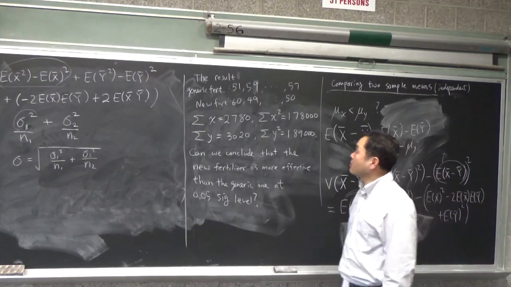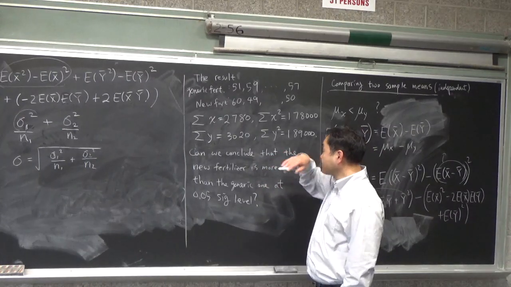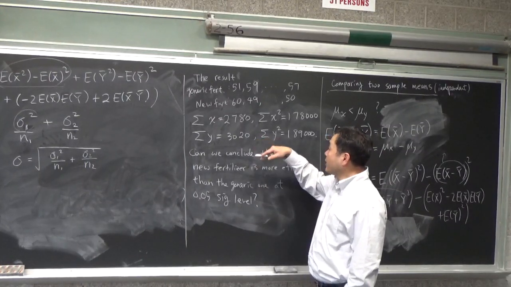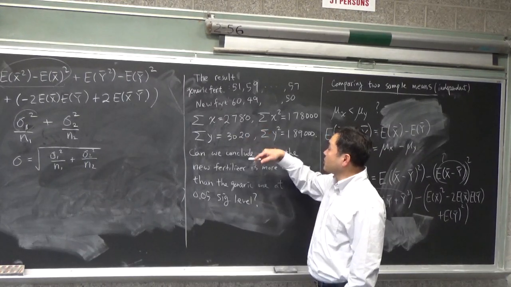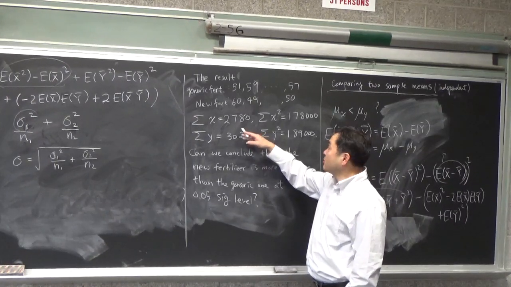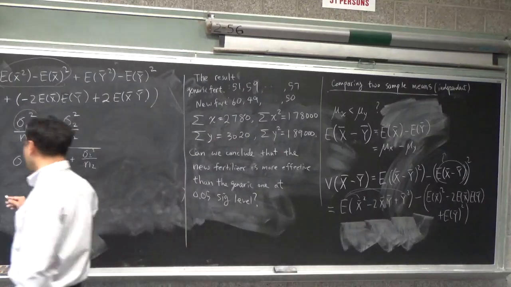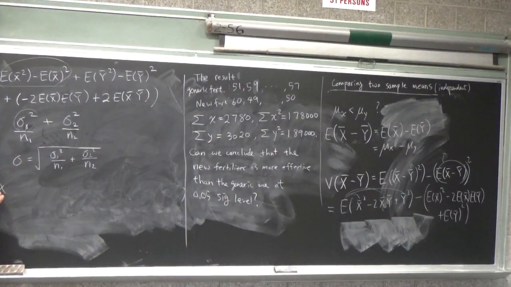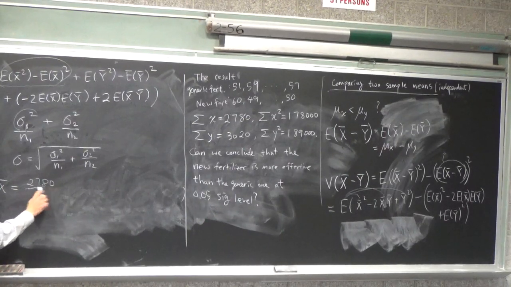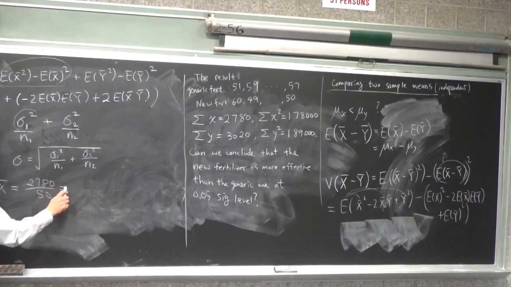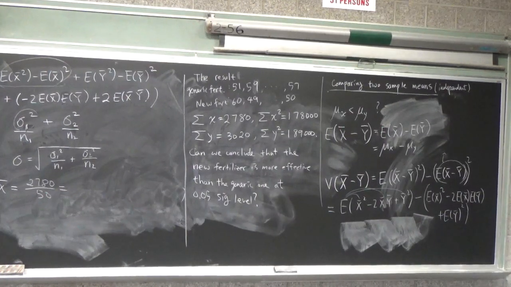First of all, we have these values, and how do you get the average of x? So what is our x bar? Sum of x divided by 50. So it should be 2780 divided by 50, right? So, what's that? I have my calculator.